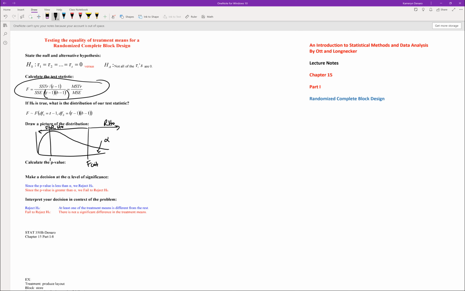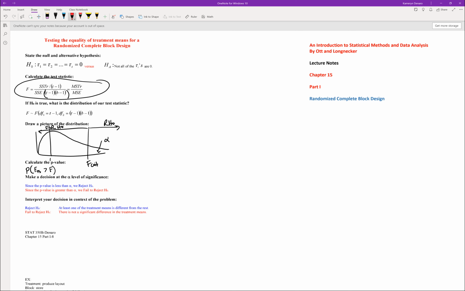under that table. The other way you can do that is by calculating in R. Essentially, the p-value is the probability that your test statistic is greater than that value in the F distribution.